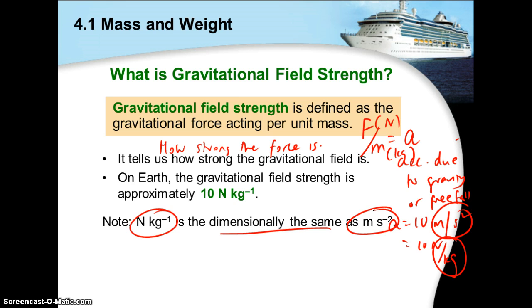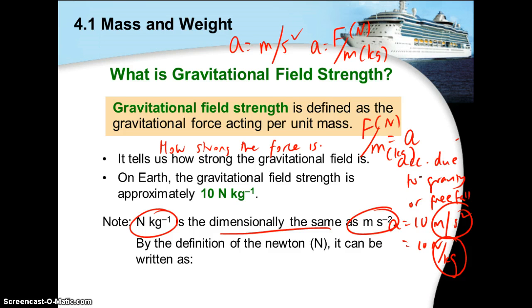Because in chapter 2 we know that A has a unit of meters per second square. But now A is F over m, where F is in newtons, m is in kilograms. Therefore, acceleration is also Newton per kilogram.